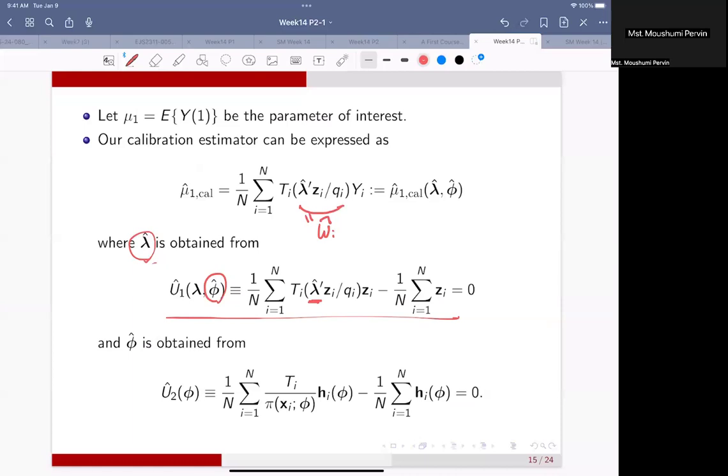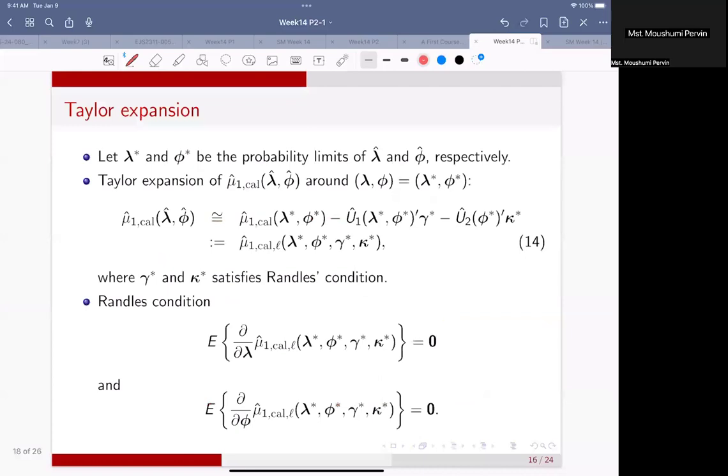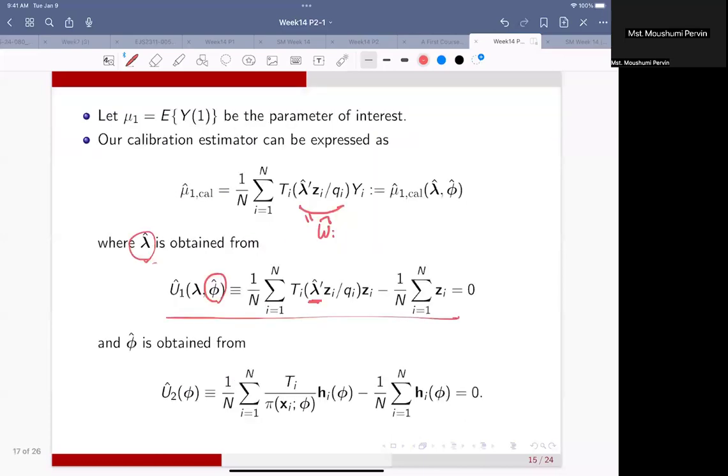And then we want to linearize. So we want to do a Taylor expansion. Okay, and then assume, under some nice conditions about the equations, lambda hat and phi hat will converge to a unique value.